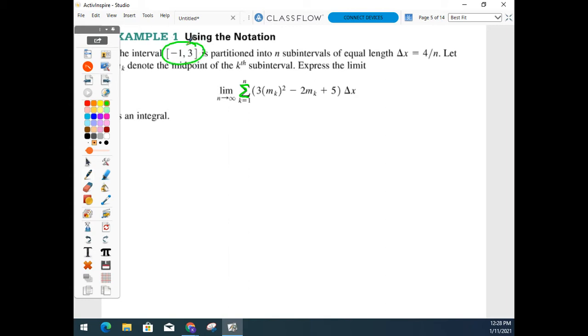Now, the first thing you have to understand, you plug in your interval from -1 to 3 on that elongated S. Since this is delta x, we're just going to use x. So we just replace each of them with the x variable, and change our delta x into dx. That's it. Greek into Roman, done.